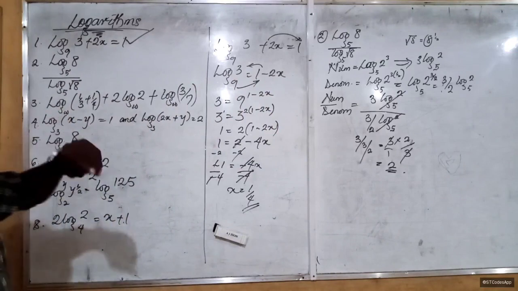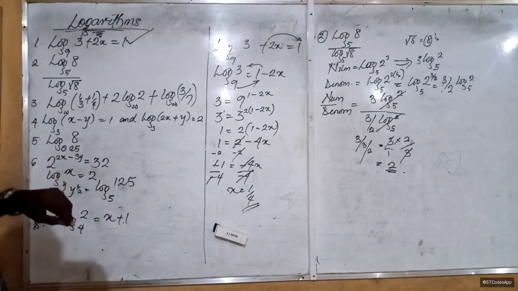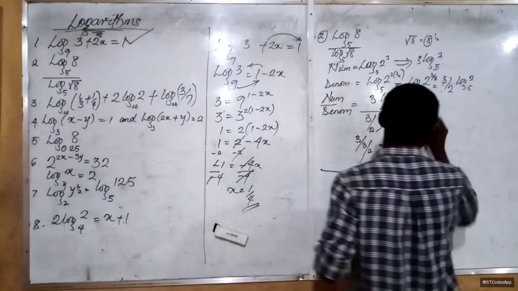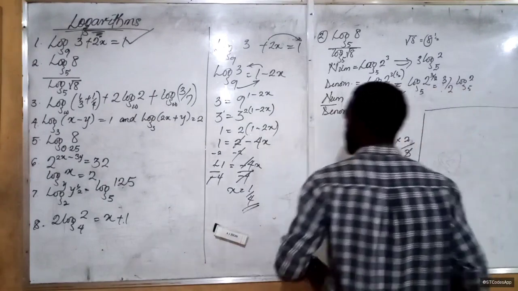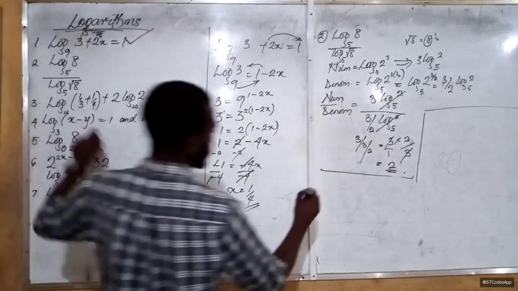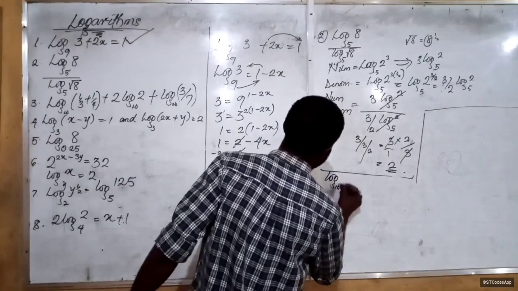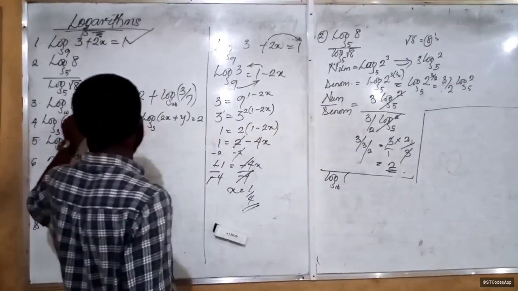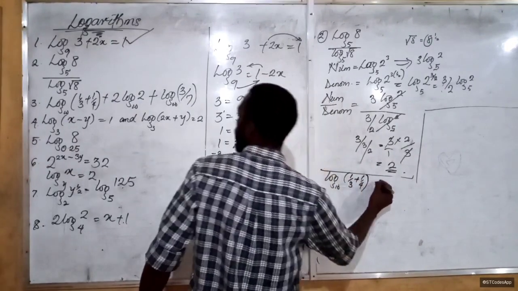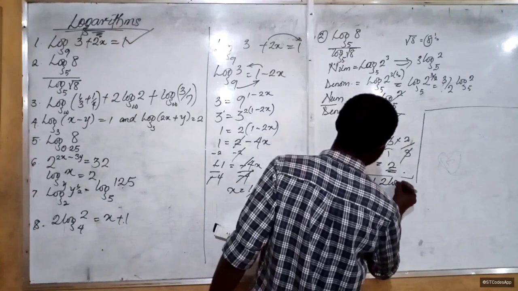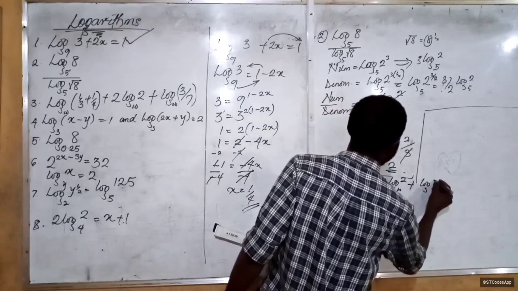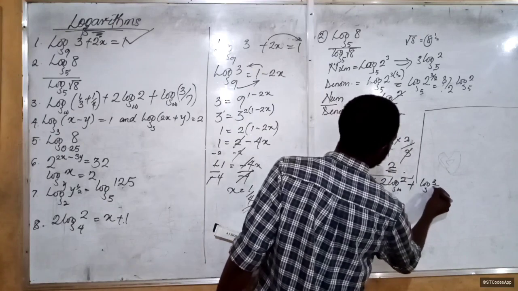Now the next one is quite long, so let's separate the board. Here we have log to base 10 of 1 over 3 plus 1 over 4, plus 2 log 2 base 10 plus log 3 over 7.